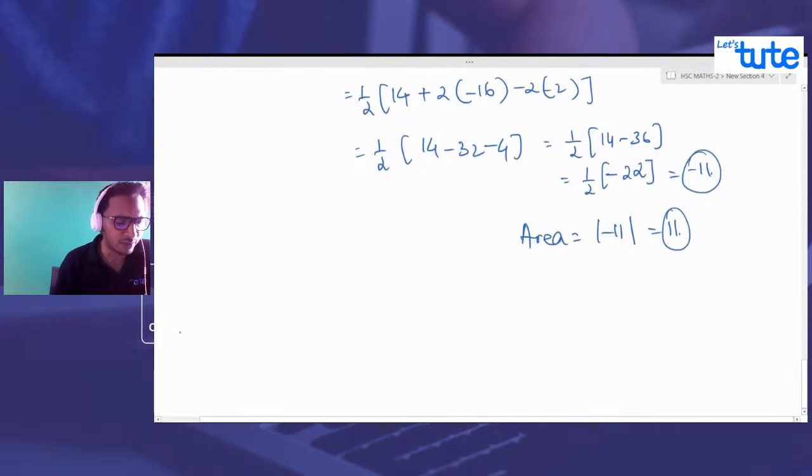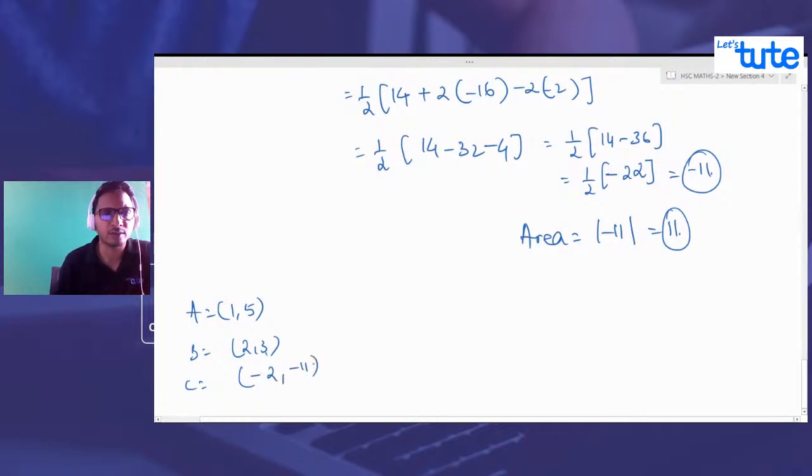So since we have taken A as (1, 5), B as (2, 3), and C as (-2, -11).